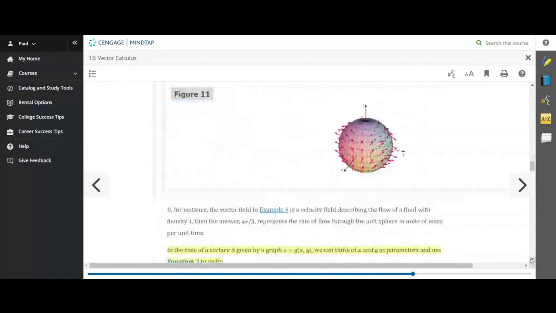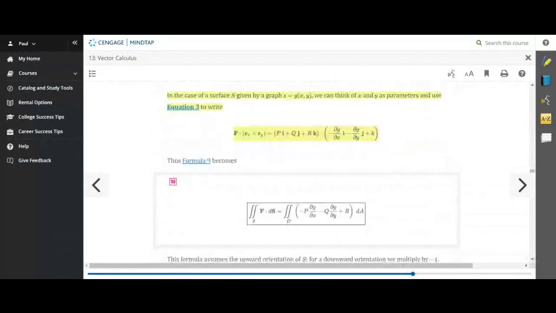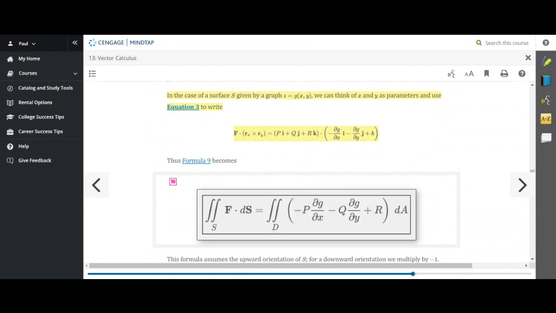So for instance, if you have the case where your surface can be written as a graph, z is a function of x and y, then the cross product of Rx and Ry is given by that vector there with the partial derivatives in it. In that special case, you can compute the flux using that formula.